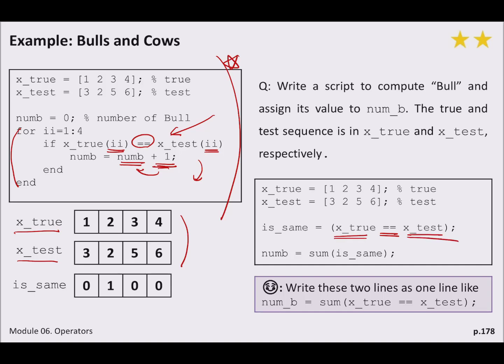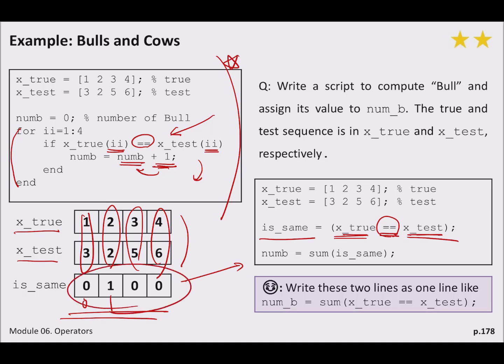So we applied this equality operator between these two vectors. What is the outcome of the same? This one is not equal, 0, false. This is equal, 1, false, false, right? So how to compute the number of bulls? We can simply add all these values using sum.